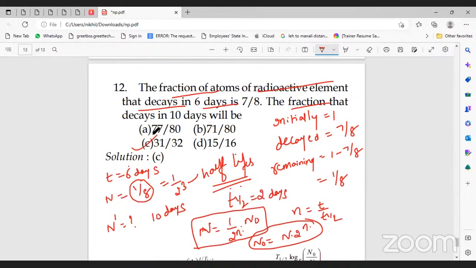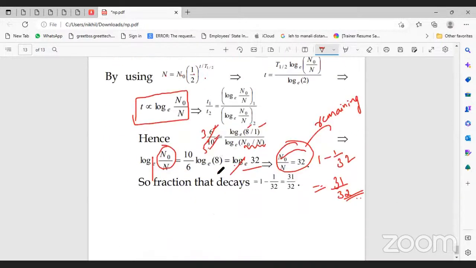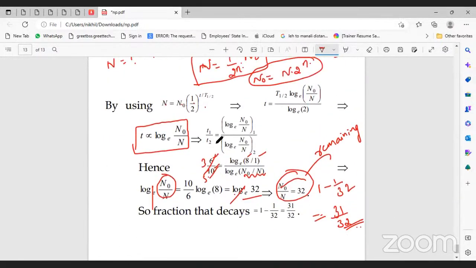So option C is the right answer. Option C is the right answer. Here also you can have a look at the calculation. I have not written the solution, just have the solution here. On simplification, you can find the decayed sample will be equal to 31 divided by 32.